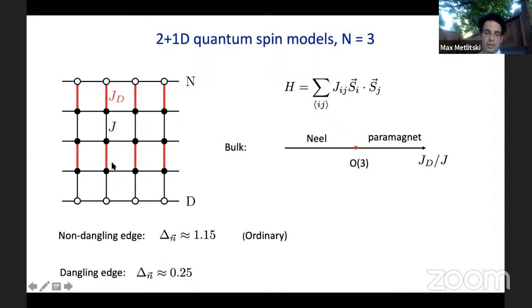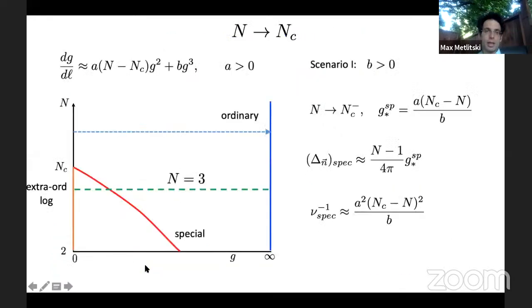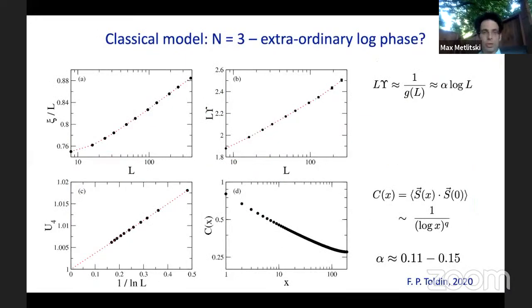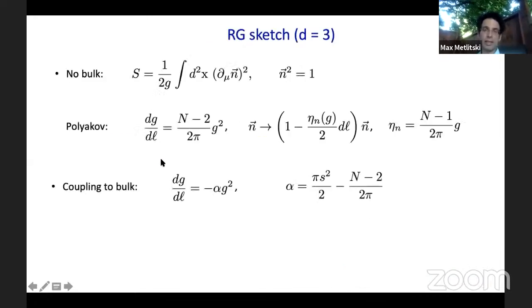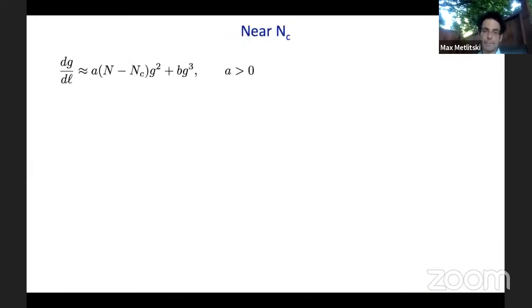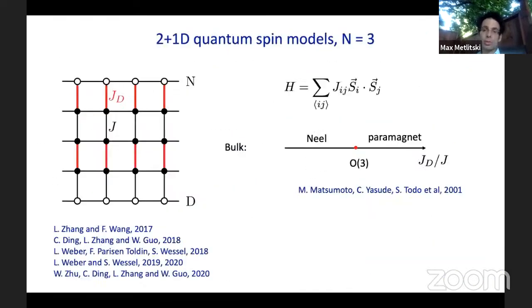Well, remember, these quantum Monte-Carlo studies were done back in the day when people thought that for n equal to 3, you have only the ordinary universality class. Actually, that is the picture implicitly there in the literature: for n equal to 3 in classical models, you only have the ordinary universality class. So this was really surprising, and what people said was, oh, it has to do with quantum physics.